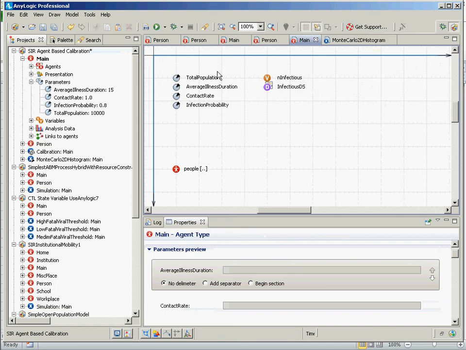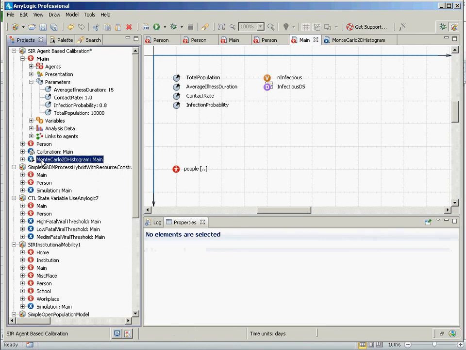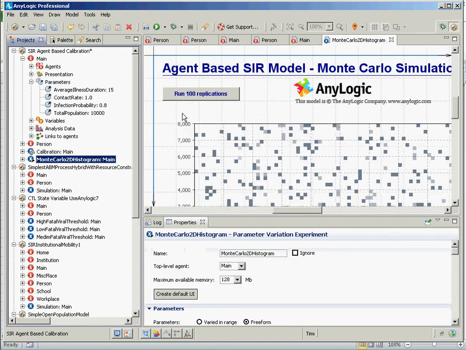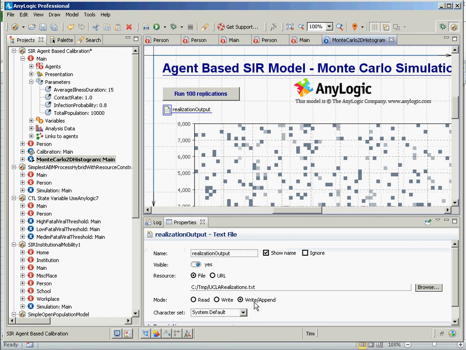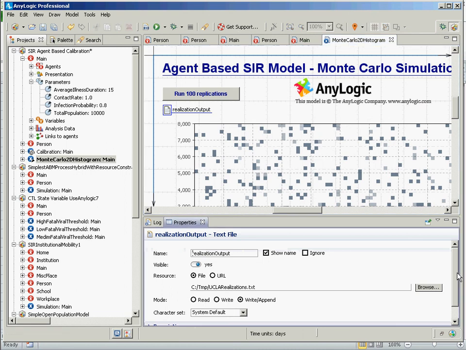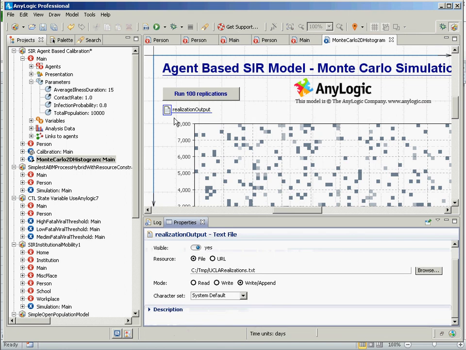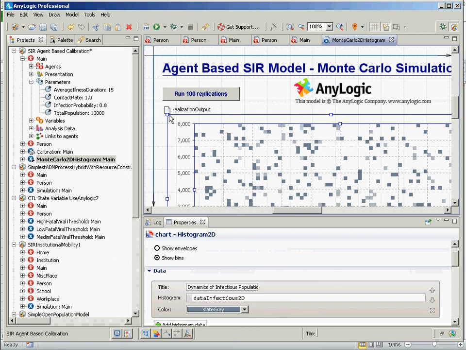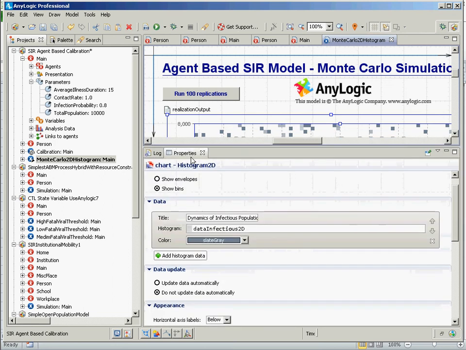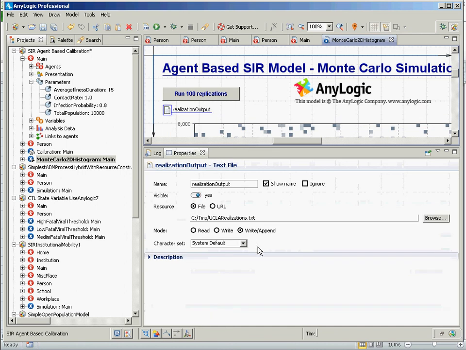So what outlives main is the experiment. The experiment runs main many times. It creates main, it runs main, and main disappears, and the experiment still runs. So the experiment is bringing mains into existence, running them, reading data from them and destroying them. So it's actually in the experiment that we want to do that, and we would do realization output dot, and I think it's basically print.